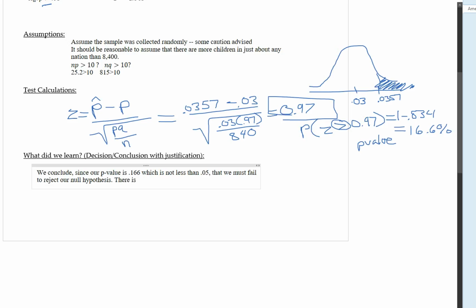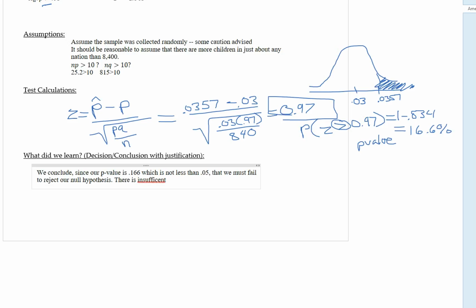There is insufficient evidence to conclude that the incident rate of child autism has increased from 3%.